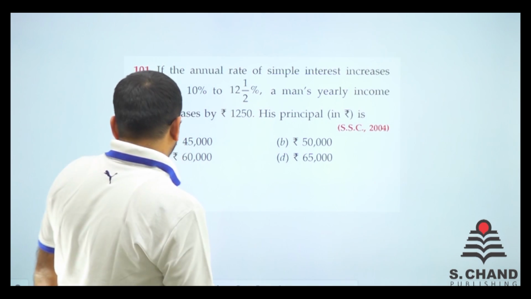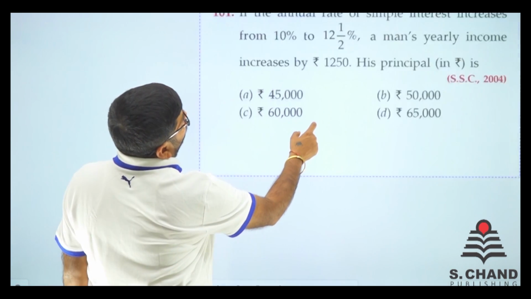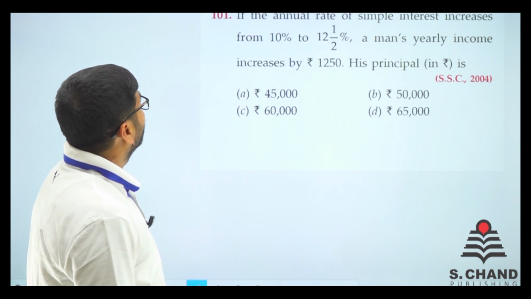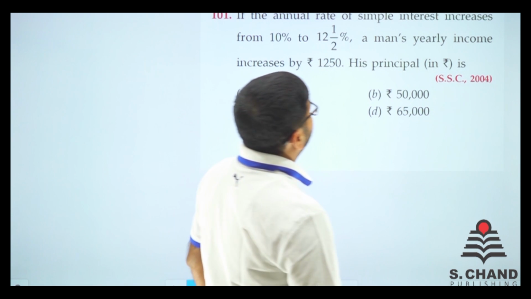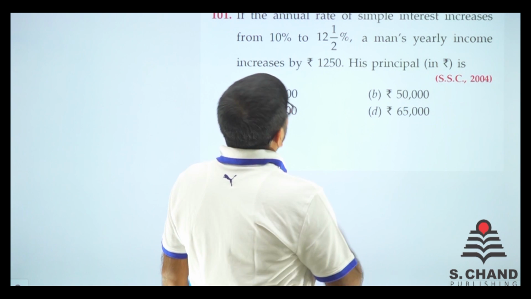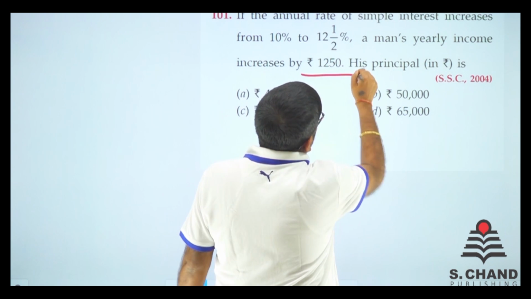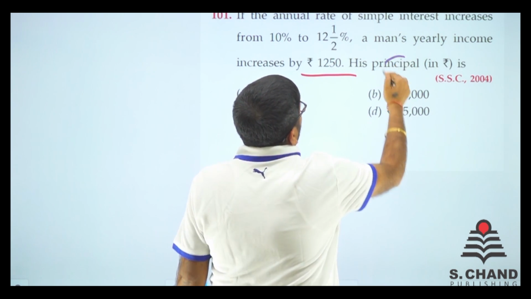Here we go. Question number 101, a question from SSC, a previous year question. If the annual rate of simple interest increases from 10% to 12.5%, the man's yearly income increases by 1250. What is the principal?